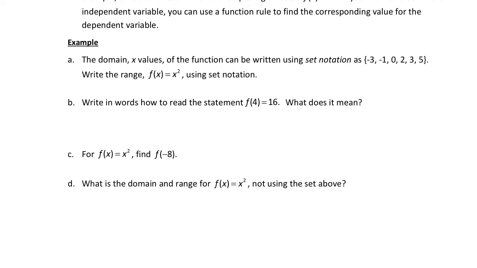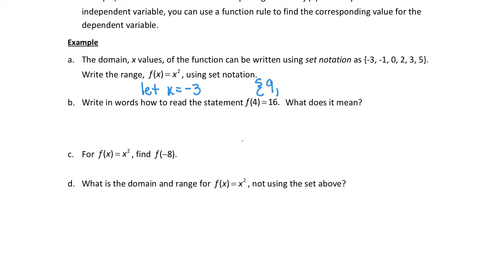Really, all we're doing is this is just a substitution problem, and you've seen substitution problems before. So what this problem is saying is let x equal all the values above. So we're going to start by letting x equal -3. So -3 squared would be -3 times -3, which is +9.